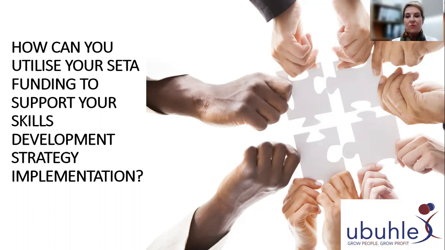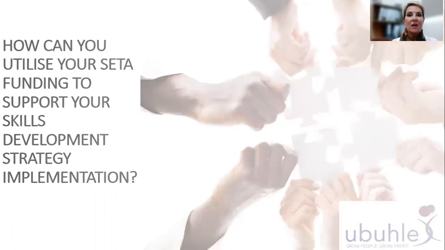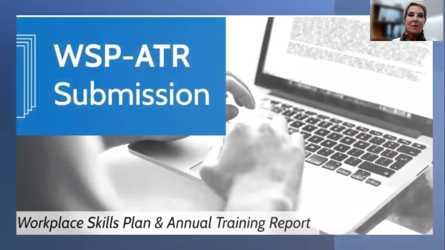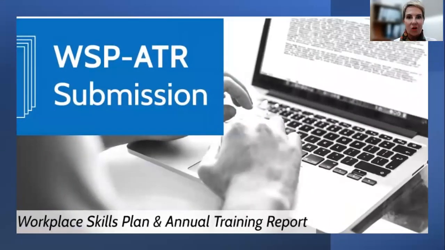The first thing you have to do is ensure that your client or your organization is registered with the right SETA. If they are not registered and they are not paying their skills levies over, they unfortunately miss the bus. And then you also have to advise them to actually submit their WSP and ATR.